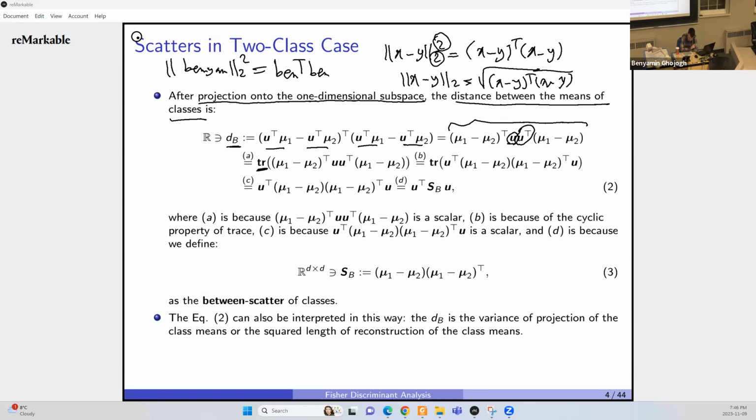Now I can use the cyclic property of trace. So I move these according to the cyclic property, and I bring this here and that there. It's a good technique. Now the whole thing inside is still a scalar, so I can drop the trace. I will have this.